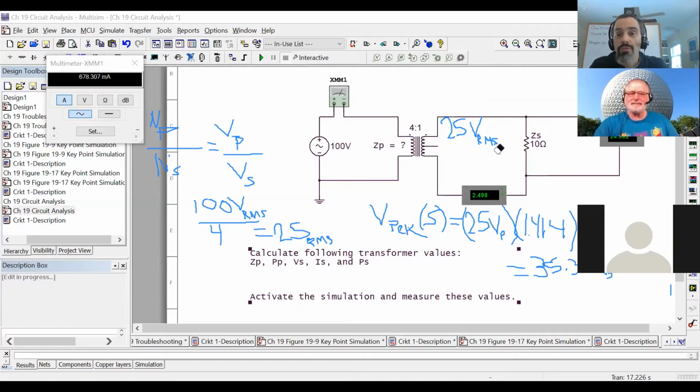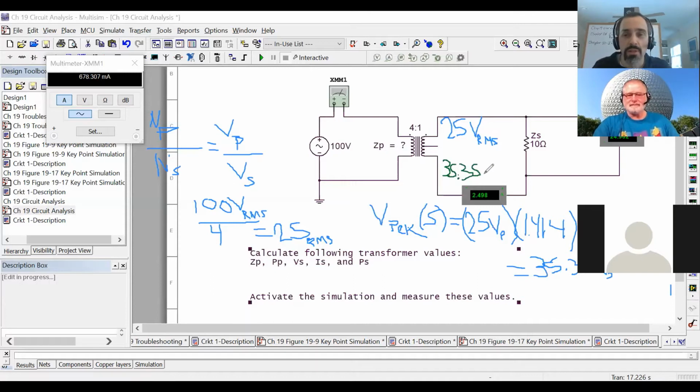All right, so we got 25 volts RMS. We got 35.5 volts peak, right? I'm just going to write that down. Give me a new color. Give me a green. So there. So we got 35.35, and that's the bad thing about that.